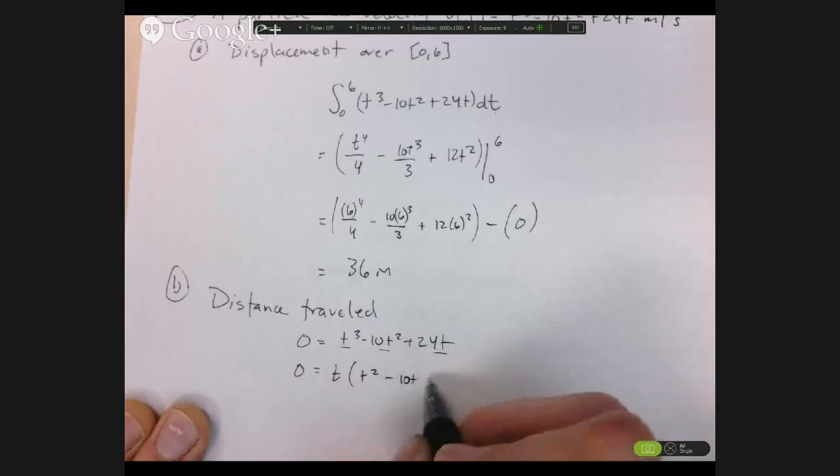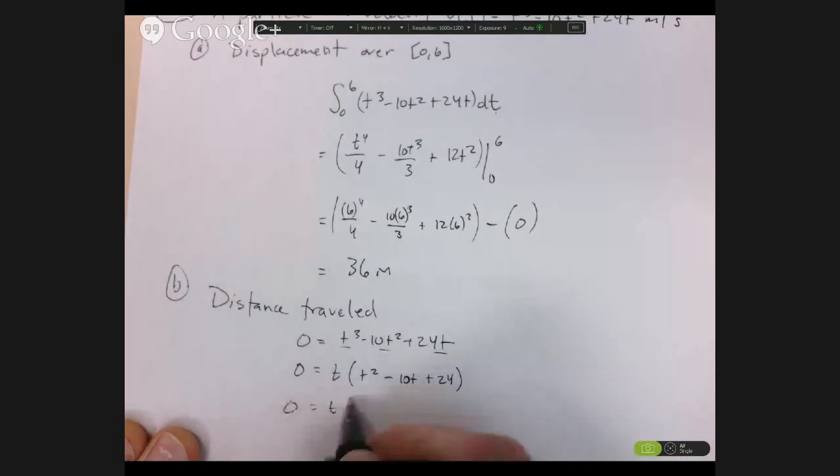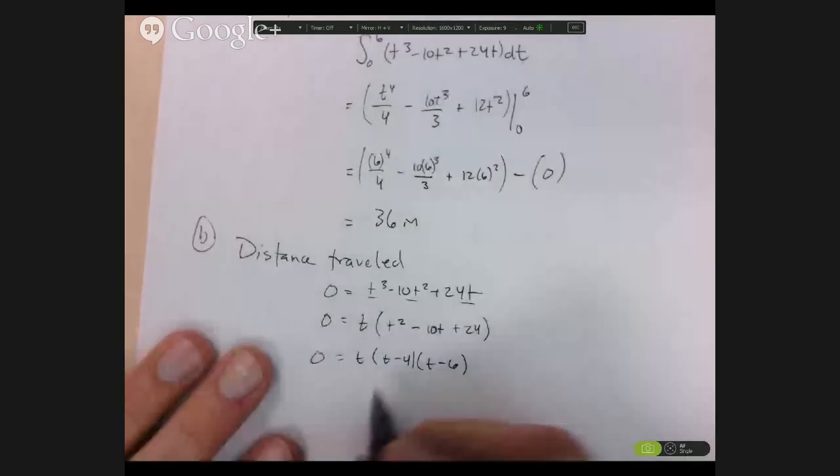Because if the velocity goes to 0, it indicates that we've stopped. We might have changed direction. So that's what we're looking for. Can we factor that? Yep. So 0, 4, and 6.